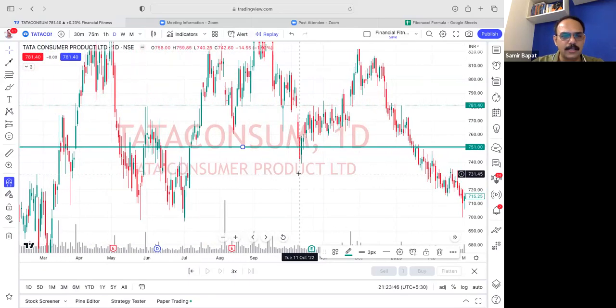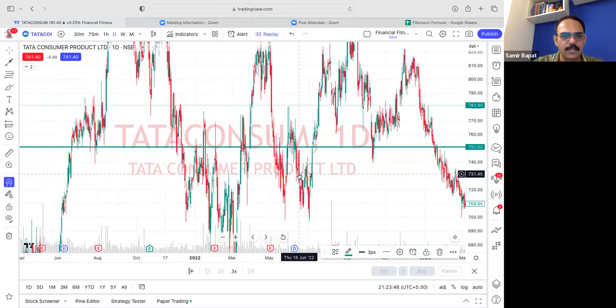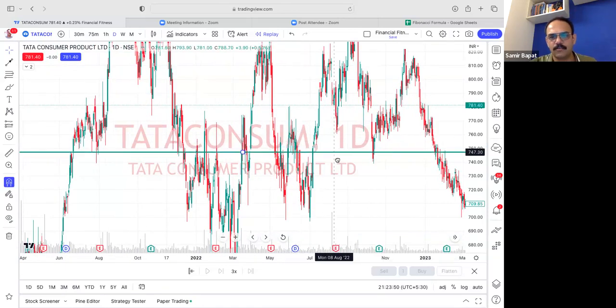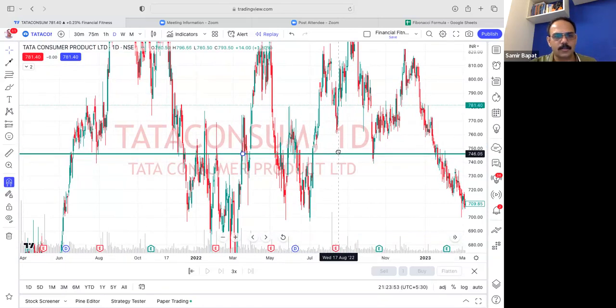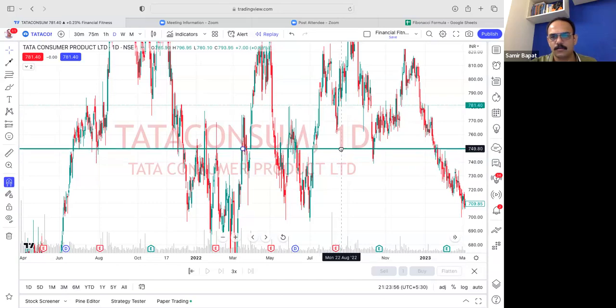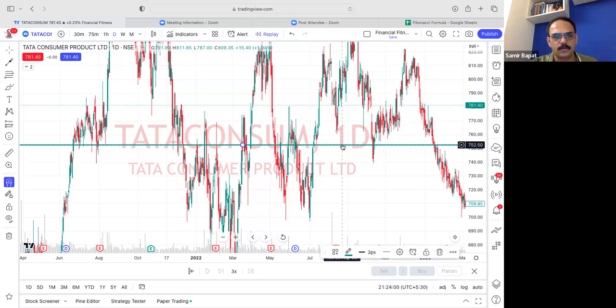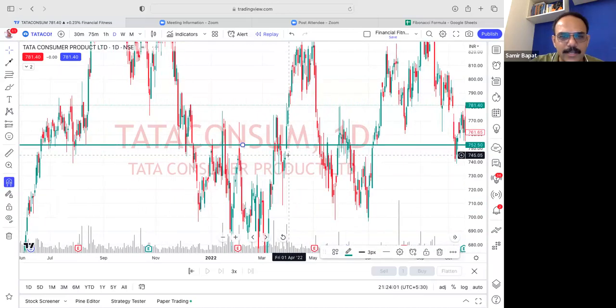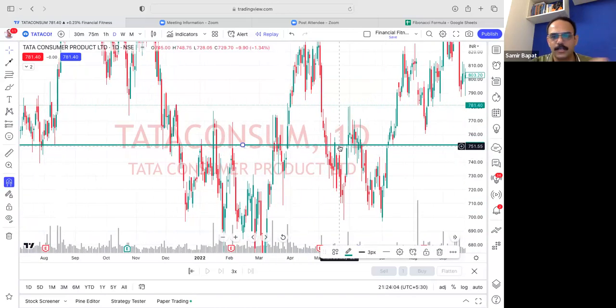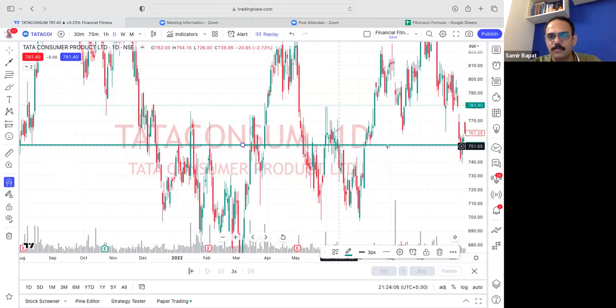Okay, so it has to stop somewhere at a support level. So I think this is not a very good support. Let's see, because I'm not finding much support here. 740 is the support, correct?